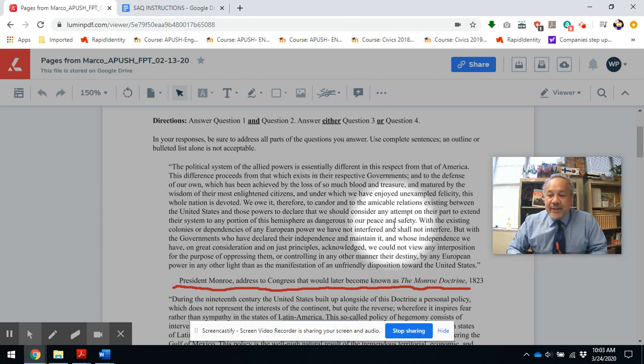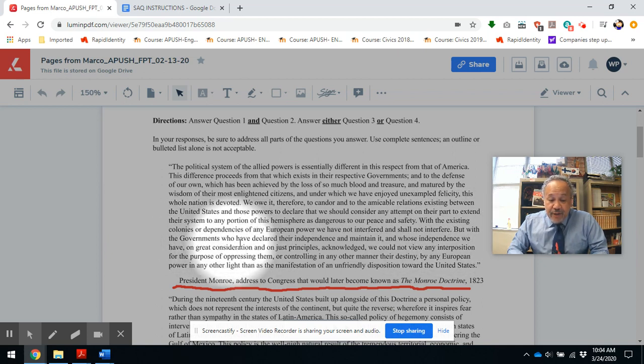Stay out of the Western Hemisphere. With the existing colonies or dependencies of any European power, we have not interfered and shall not interfere. Not interfering with your colonies. You can have those. We're not going to start wars and conflicts.